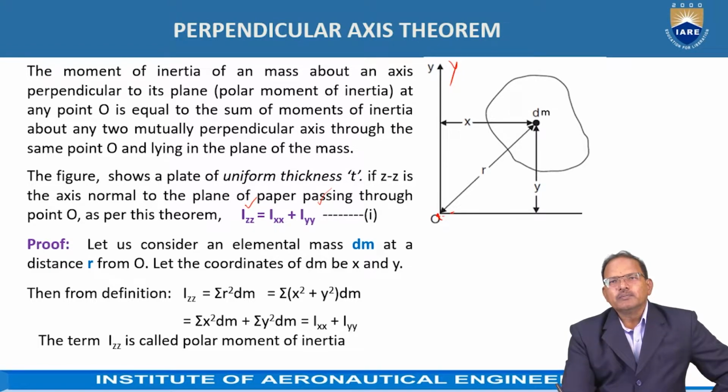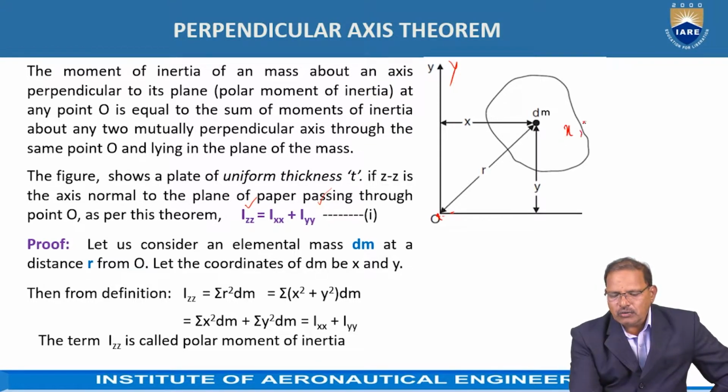Now, in order to prove this theorem, let us consider an elemental area dm of uniform thickness at a distance r from the intersection of the x-axis and y-axis, as shown in the figure. Let dm represent the mass of the element having coordinates x and y in a coordinate plane.